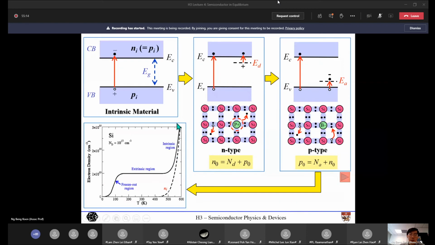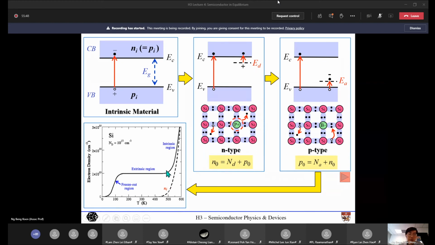And this dominates the total concentration of the carriers. In fact, this region is called intrinsic because the band-to-band transition number is so large that it dominates the total number. The doping concentration, the amount that you put in, is no longer significant. Instead, it's the band-to-band transition that becomes significant. And in this region, the number of electrons and holes are approximately the same. So it kind of reverts back to the pure material characteristic.